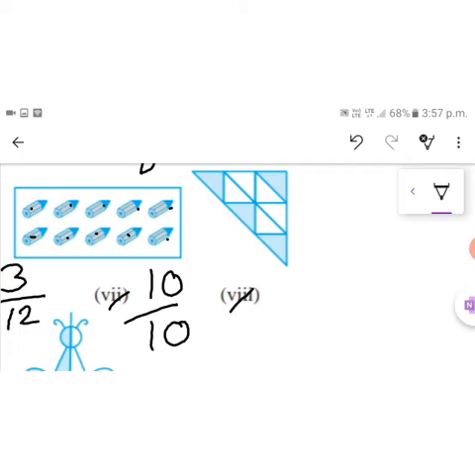Total number of parts is 1, 2, 3, 4, 5, 6, 7, 8, 9. Write total number of parts in the denominator. Number of shaded parts is 1, 2, 3, 4. Write the shaded parts in the numerator. Therefore the fraction is 4 by 9.